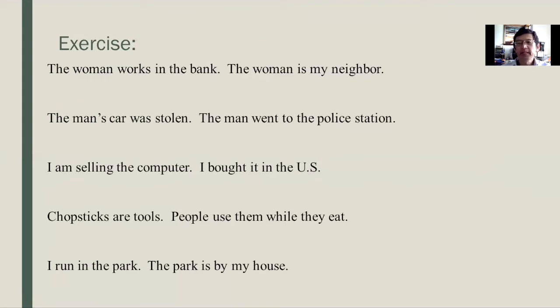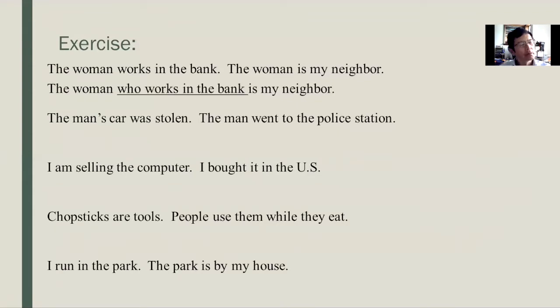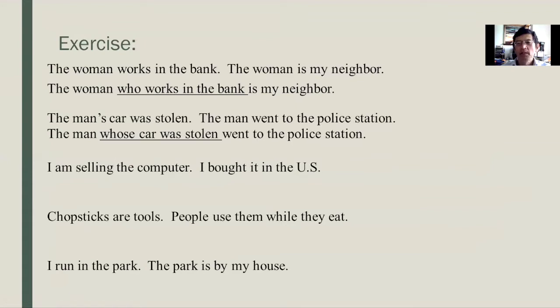The woman is my neighbor. The woman who works in the bank is my neighbor. So that's the two sentences combined into one. What about the next one? The man's car was stolen. The man went to the police station. The man whose car was stolen went to the police station.